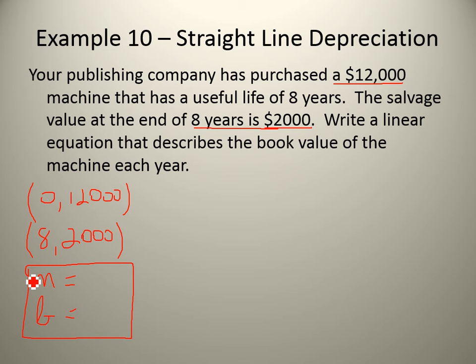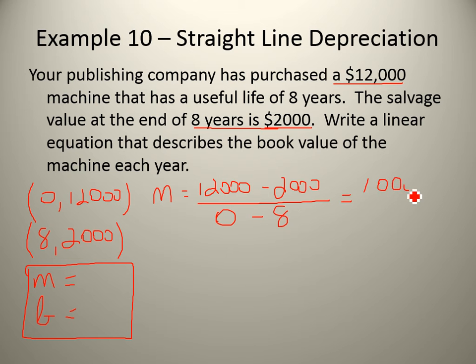In order to do that, I have to find the slope first. So this is going to be y1 minus y2, which will be 12,000 minus 2,000, over 0 minus 8. When I work this out, 12,000 minus 2,000 is 10,000 over negative 8.